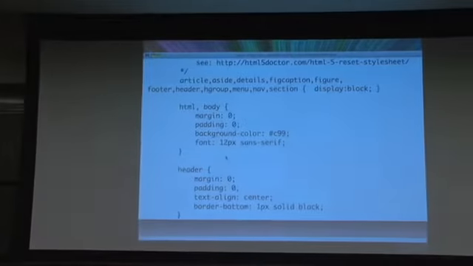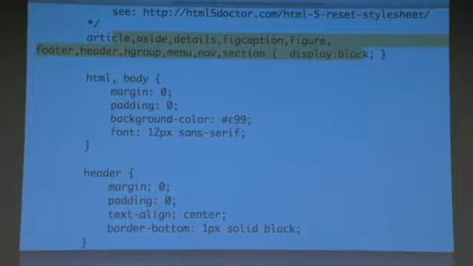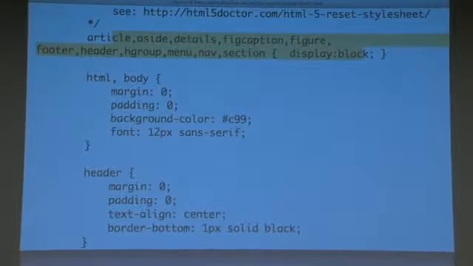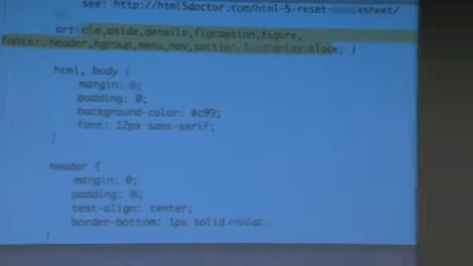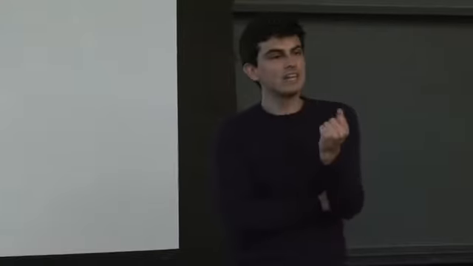One of the ways you can fix this is to define via CSS all of these elements as being block elements. This would work pretty reasonably well, except for yet another bug that IE has: if it doesn't actually contain the element within its DOM, it's not going to apply this style to it.